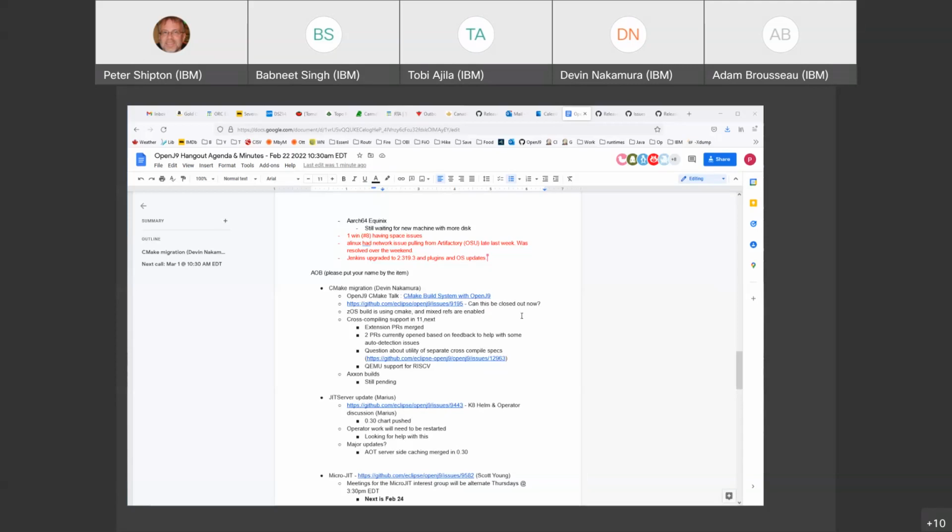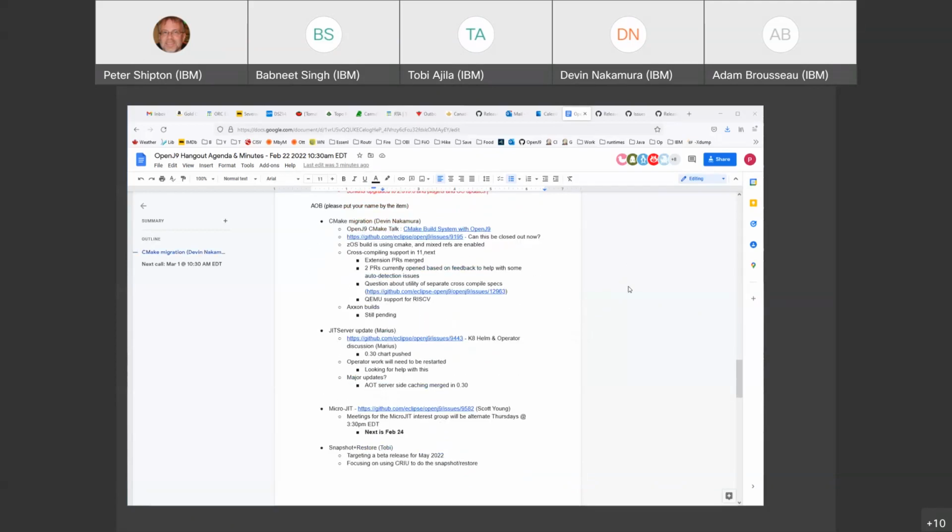Well, it is to get the cross-compile stuff working properly. Okay. And then the next up is the Axon builds? I believe so, yeah. I see it says Axon builds still pending here in the minutes. Anything else? That's it. Thanks.